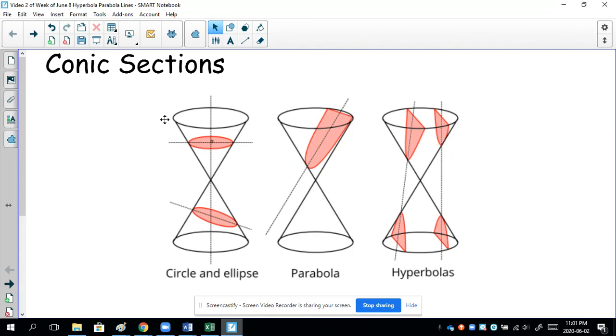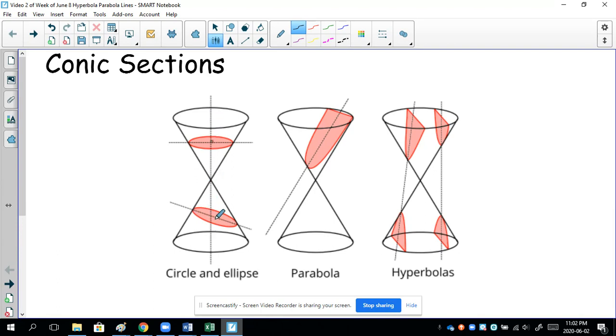Okay, so you can see here we have the double cone, and we have the circle. Depending on the angle of the cross section, if you were to make an incision or slice perpendicular to the central line there, you would get the circle.